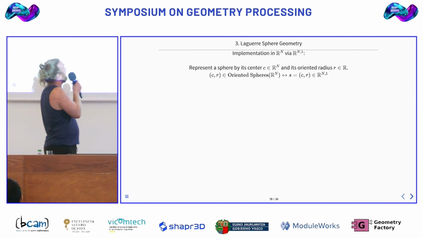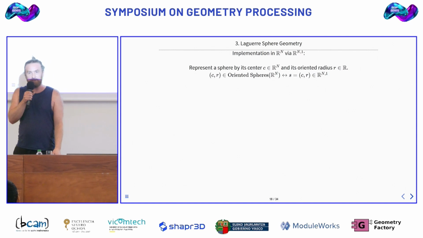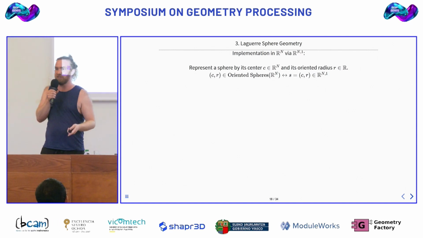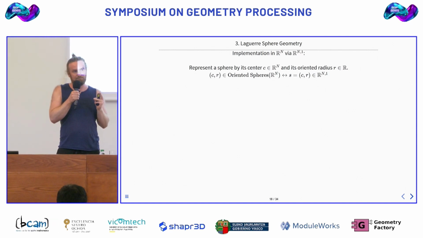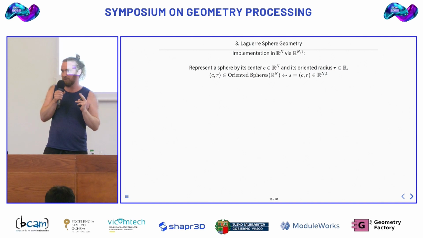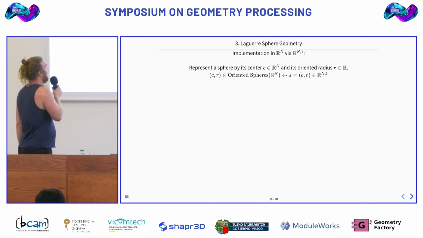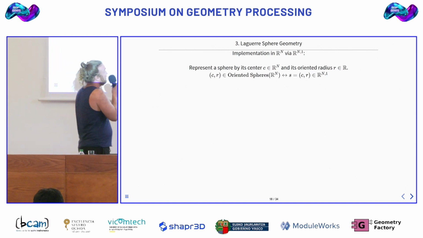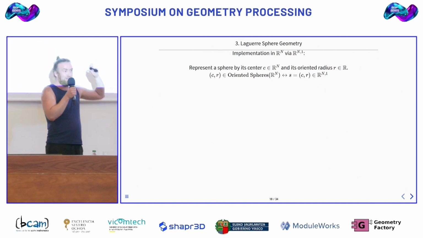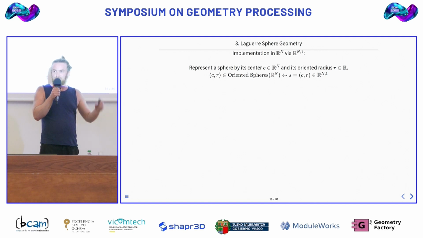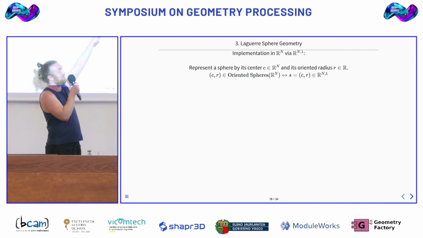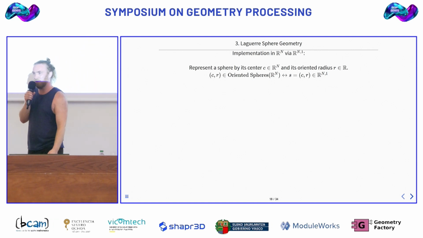If I have a sphere, I have a center and the radius. Now, because the sphere is oriented, the radius can be positive or negative. This is supposed to encode whether the sphere is oriented to the outside or the inside. Then I choose a representation that's quite easy: I just write down the center, C, and in the extra coordinate, I write down the radius.